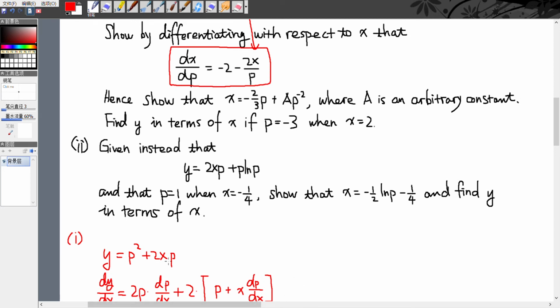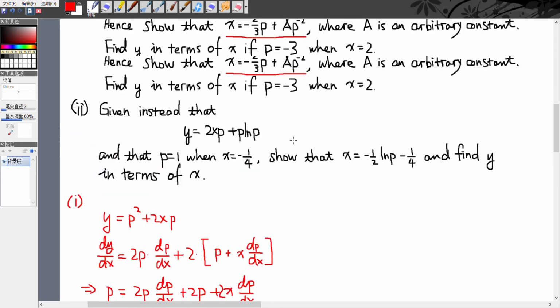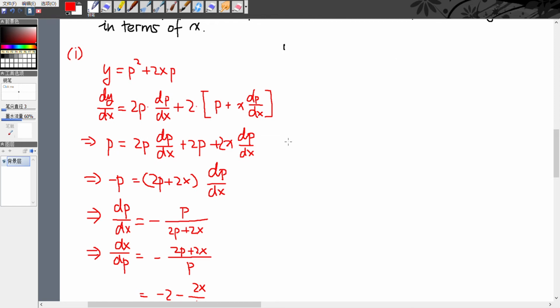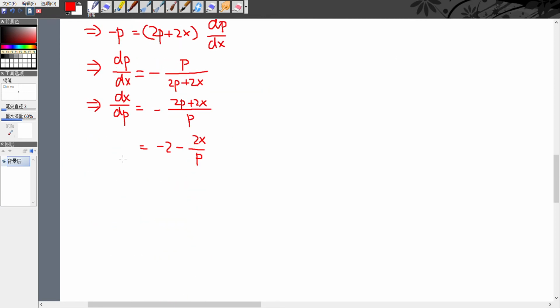Then hence show that x is equal to negative 2 over 3p plus a p to the negative 2, where a is just an arbitrary constant. So literally we just need to solve this first order, what's that called?